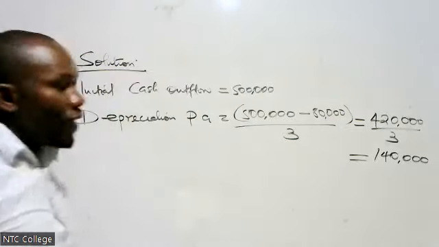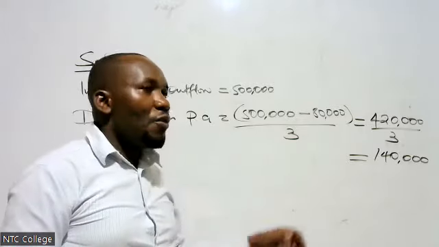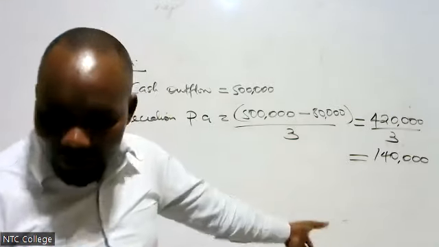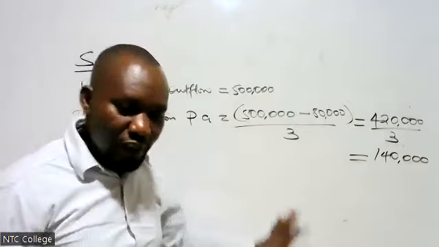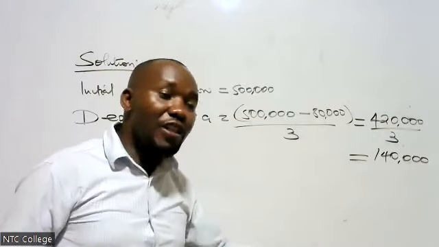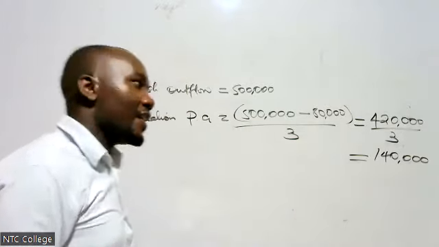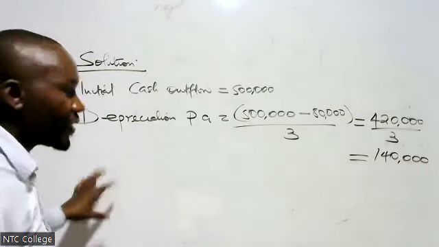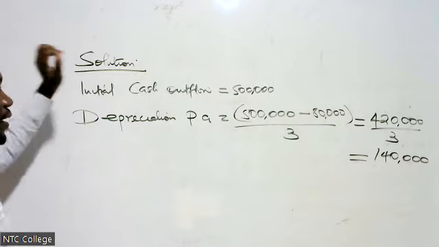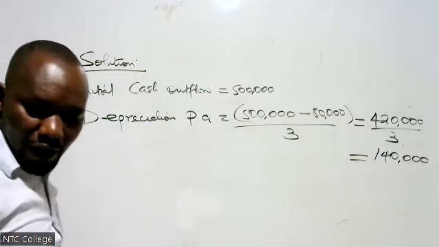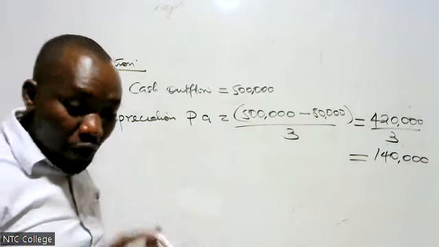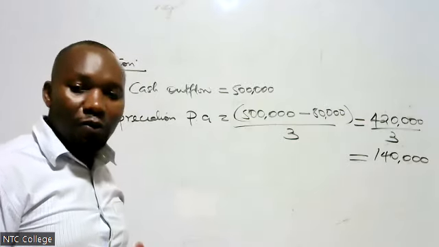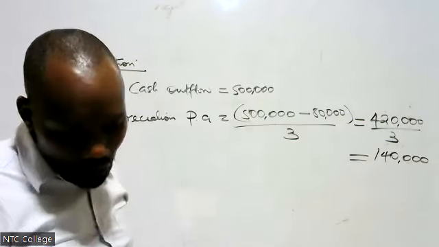So you understand that whenever you're given tax, depreciation is very important. If you're not given tax, depreciation is not important. Don't even calculate it. We are calculating this because you have been given tax, 30% tax. Now, the next thing is how to get the amount that we want to tax.